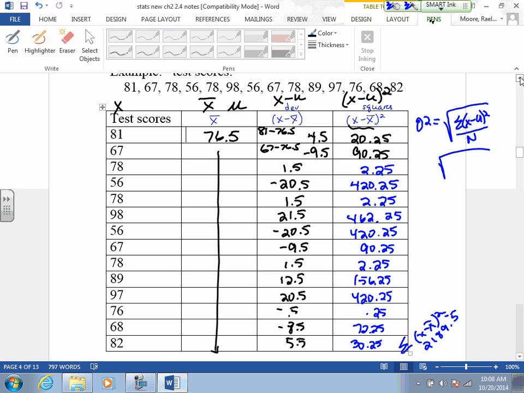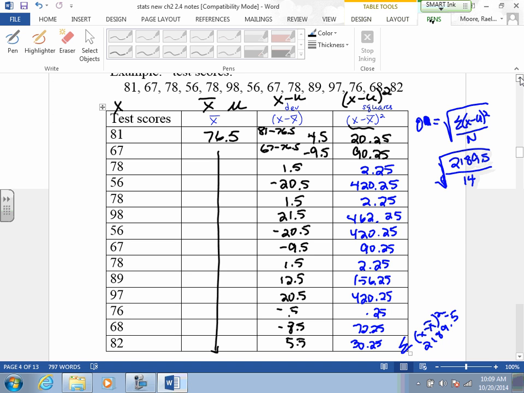So we're going to put our 2189.5, and we're going to divide it by 14. Good. Because n represents the number in my population. So we put this in. Actually, take off the square root, because I'm going right to the, okay, I probably should have gone to the variance first.